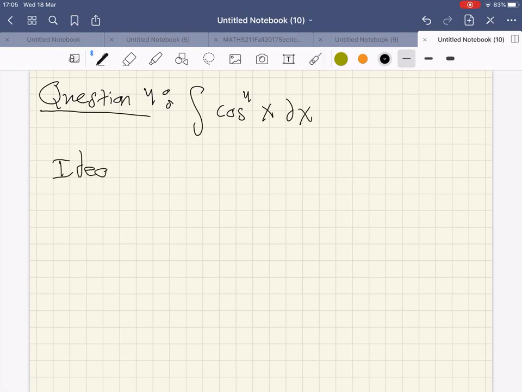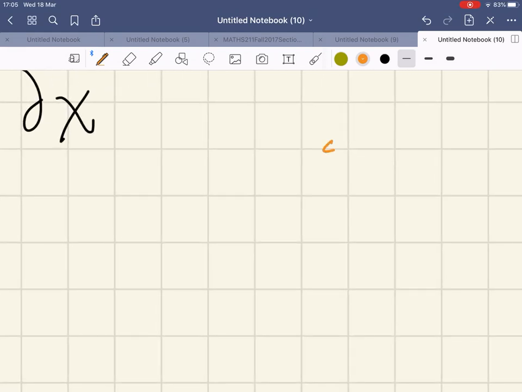If you can see, again, we have the even power. So what we need to do is use the double angle formula. I need to take cosine square using 1 over 2, 1 plus cosine 2x. I need to use this formula.